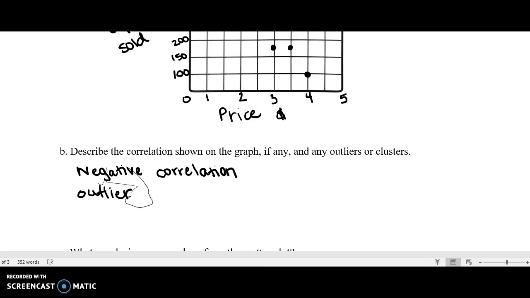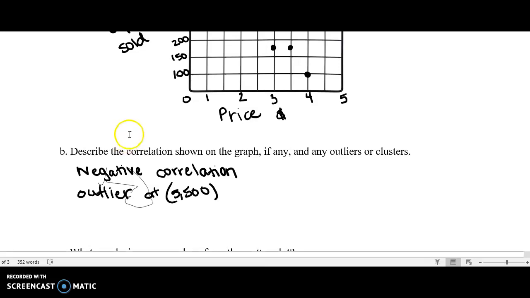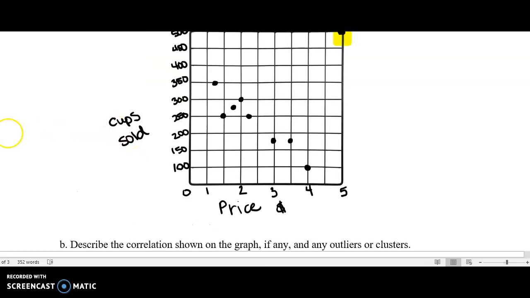Holy moly, outlier at 5, 500. Okay, any clusters? You could argue that this is a cluster here.